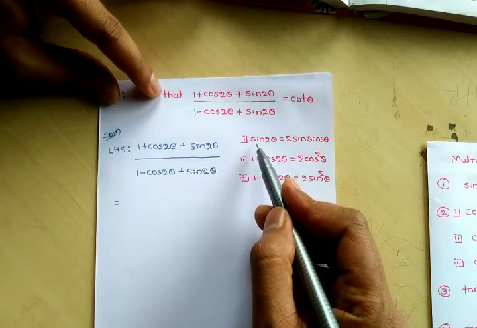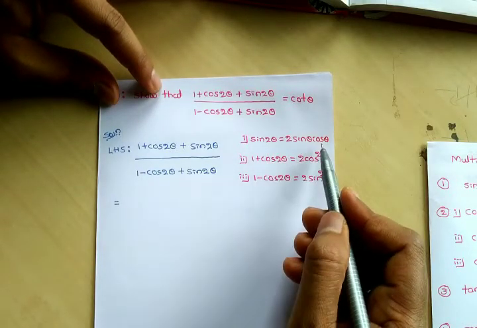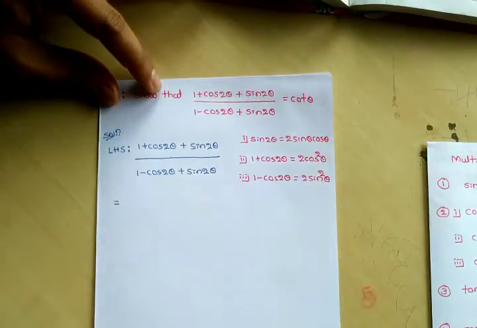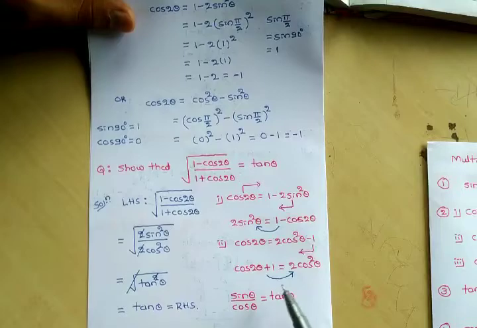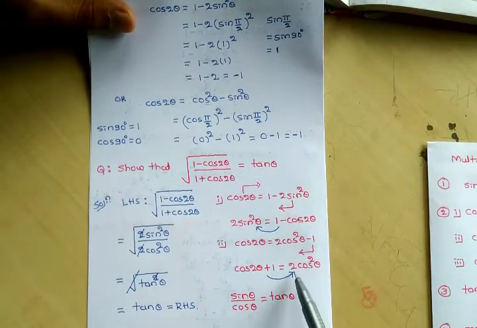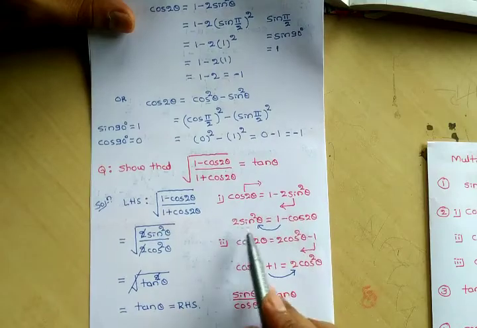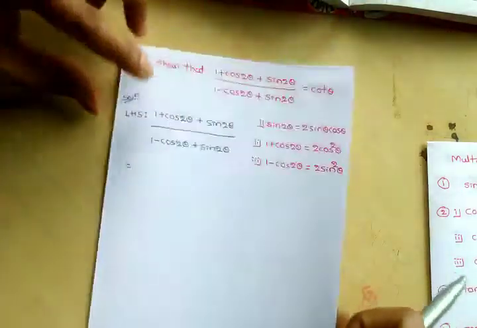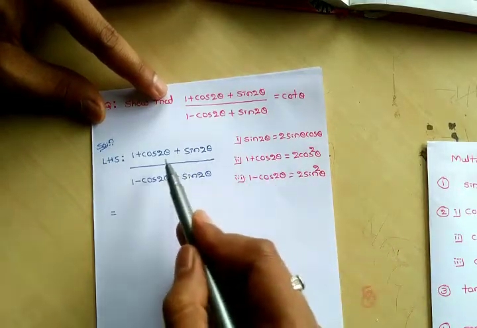Here you can see three formulas you need to apply. First, the multiple angle formula: sin 2 theta is 2 sin theta into cos theta, and these two I just showed you. 1 plus cos 2 theta is 2 into cos square theta, and 1 minus cos 2 theta is 2 into sin square theta. That formula only I had written here, correct? So these three formulas I am going to apply.